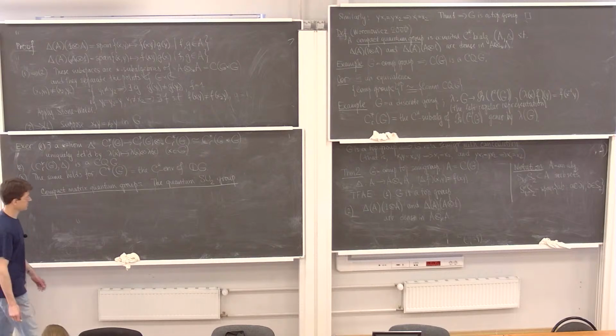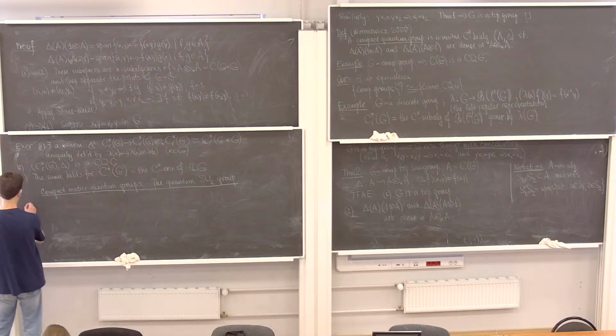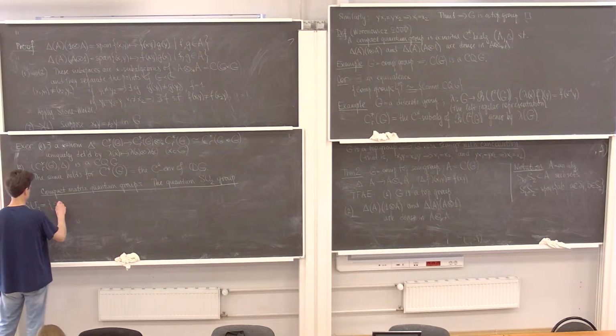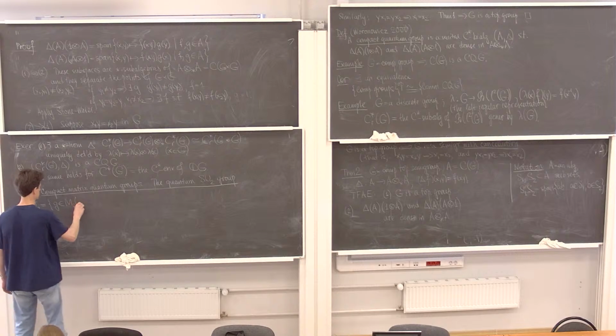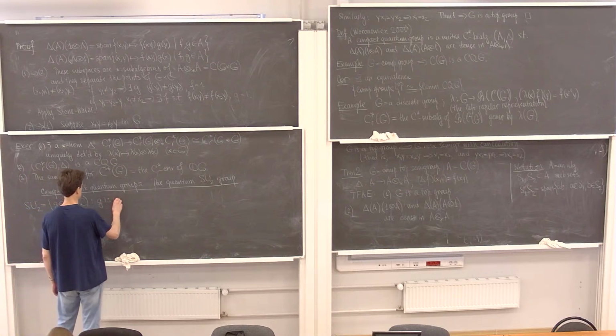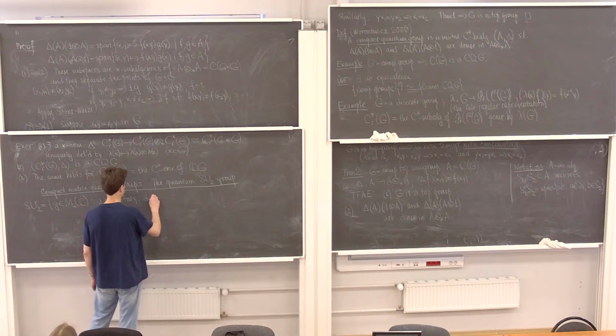Okay, so let's start with the quantum SU2 group. So let's consider the SU2 group. So let's recall that it consists of all complex 2x2 matrices g which are unitary and unimodular, the determinant of g is 1.